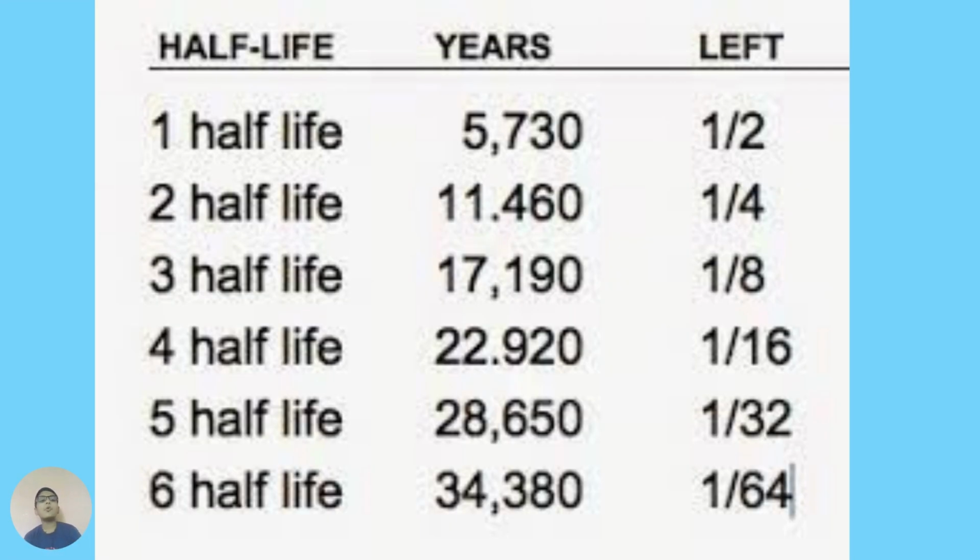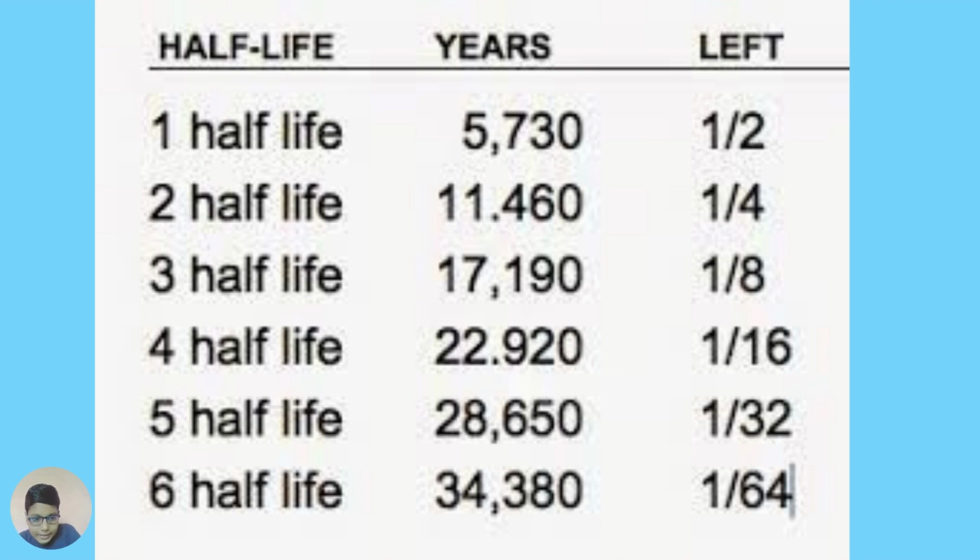So the process continues. After the first half-life, half is left. Then after the second half-life, after 11,460 years, only one-fourth, the quarter of it, is left.